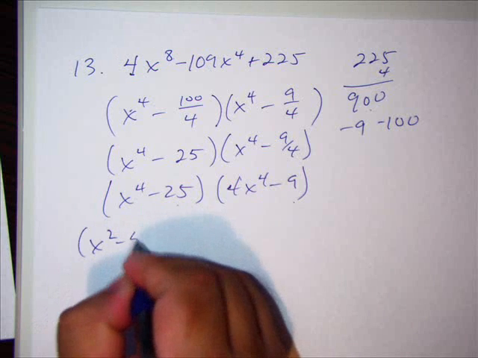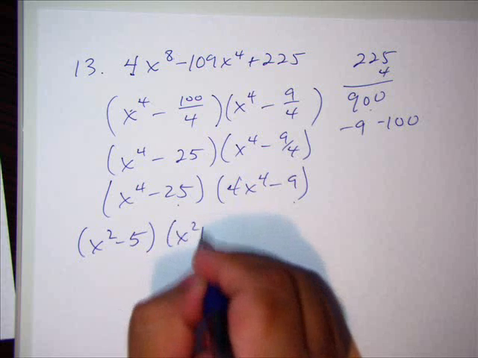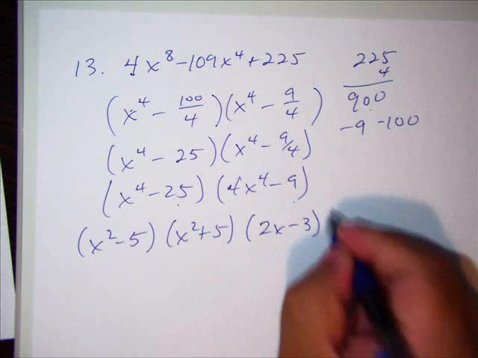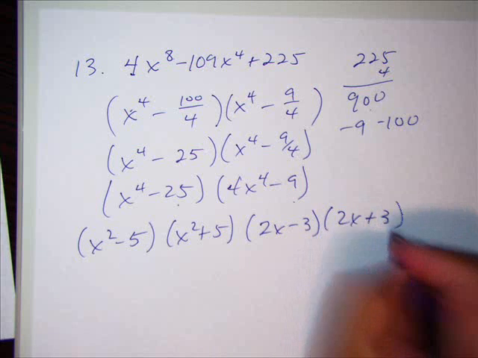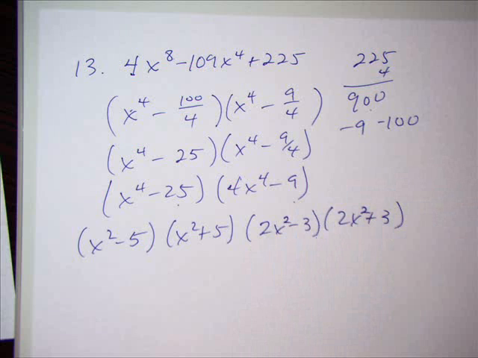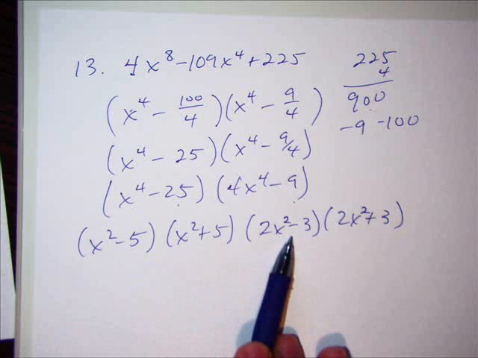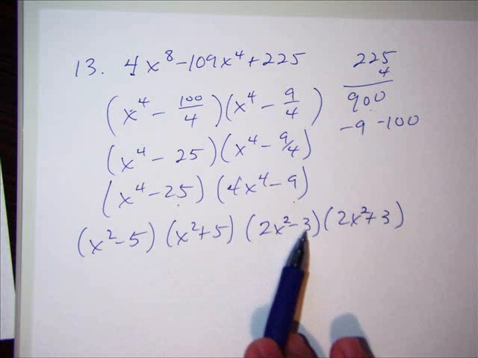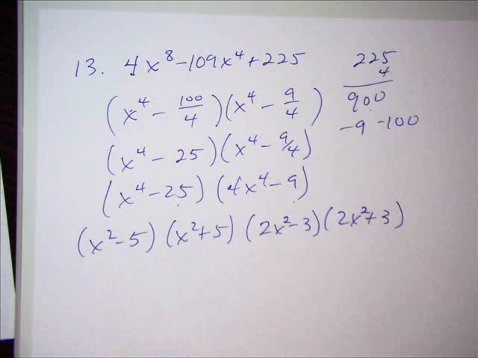So this becomes x squared minus 5, x squared plus 5, 2x squared minus 3, 2x squared plus 3. Now, these two are differences, so one might think you can factor those. But the 3, the 2, the 5, they're not perfect squares, so we're going to stop factoring. That's the final answer for 13.